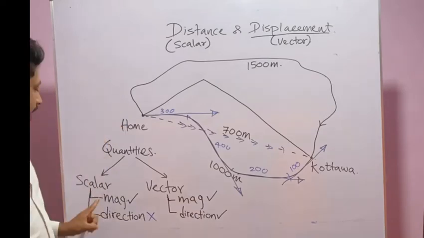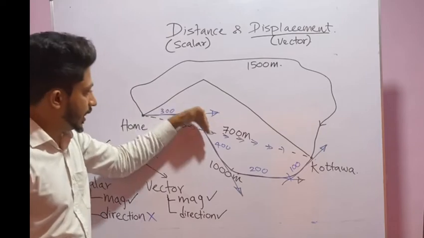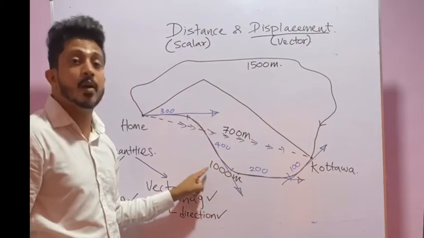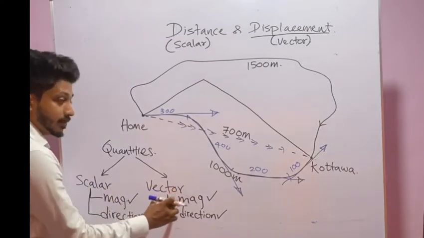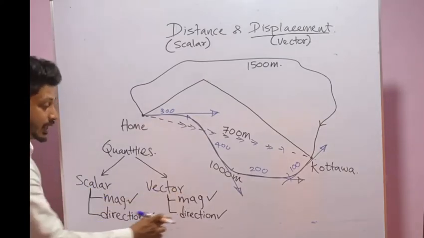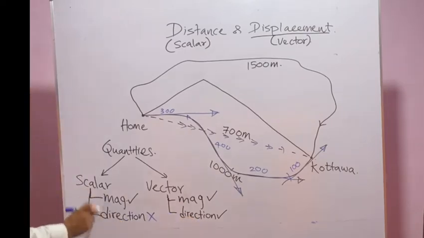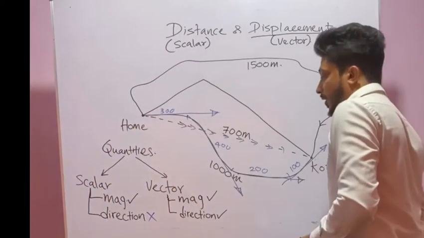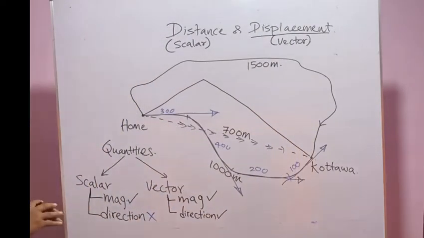What about scalar quantity? Scalar quantity means here distance. In this distance we have a magnitude of 1000 meters. So both scalar quantity and vector quantity have a magnitude, but only this one has a direction. This does not. So that is the difference between scalar quantity and vector quantity, and that is the difference between displacement and distance.